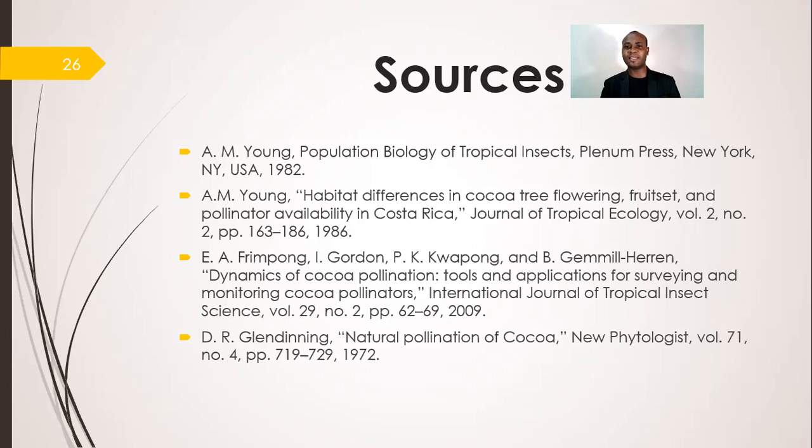Usually pollination should be done in the morning, before 9 o'clock in the morning. That is the right time to do pollination on the farm. So in the afternoon, I'm going to discuss this in more detail. That is how it's to be done.